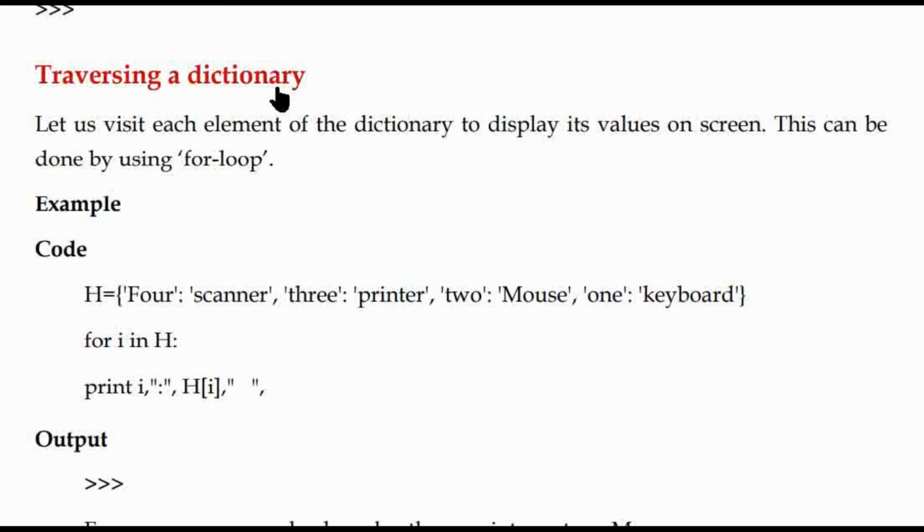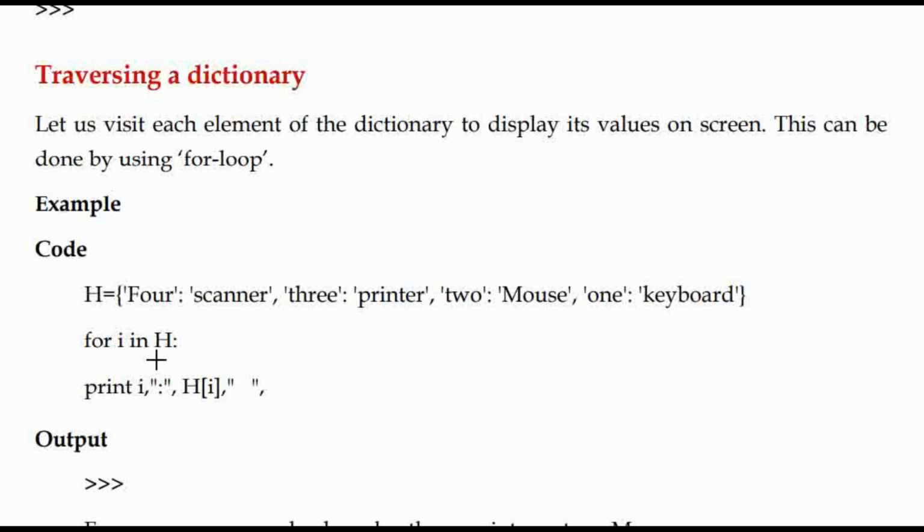Traversing a dictionary. Let us visit each element of the dictionary to display its values on screen. This can be done by using a for loop. Example code: H equal to 4 scanner, 3 printer, 2 mouse, 1 keyboard.